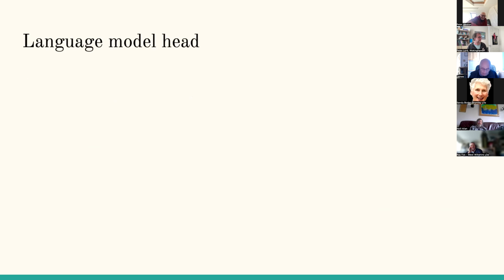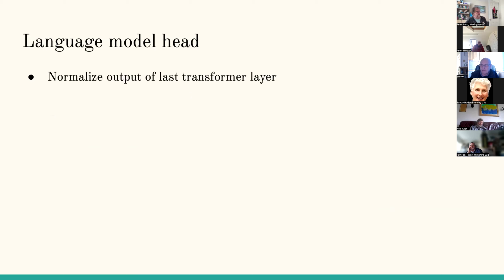Thank you. And the last layer we've got is called the language model head, which is at the bottom. So this is perhaps the simplest layer. What it's doing is normalizing the output of the last transformer layer, and it's randomly choosing one token out of the list of possible ones as the answer.